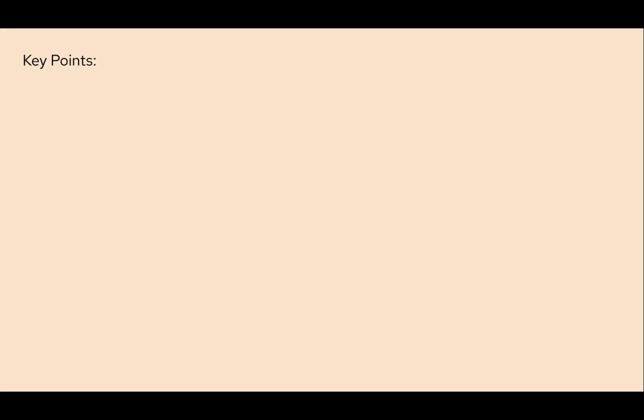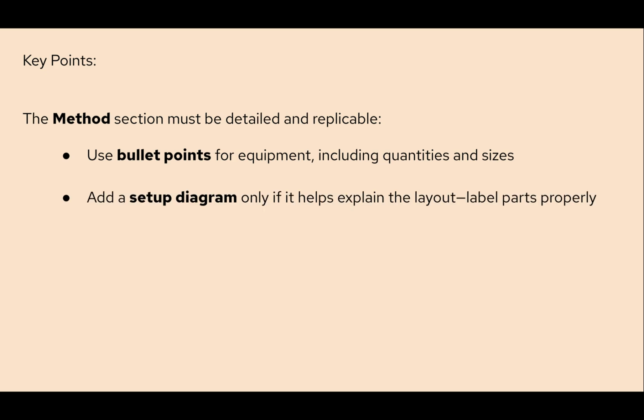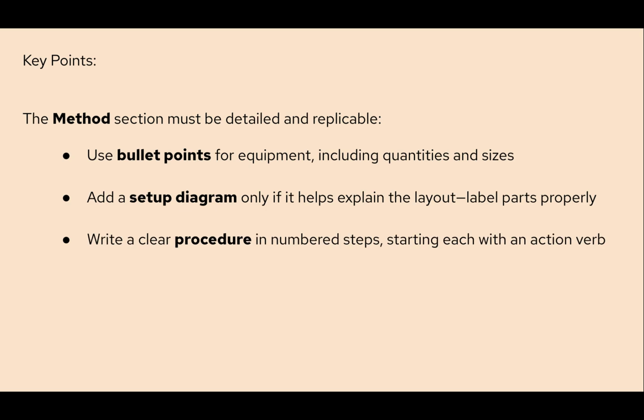So here are some key points from this video. Remember that the method section must be detailed and replicable. Use bullet points for equipment, including the quantities and the sizes. Add a setup diagram only if it helps explain the layout, and again, label the parts properly.